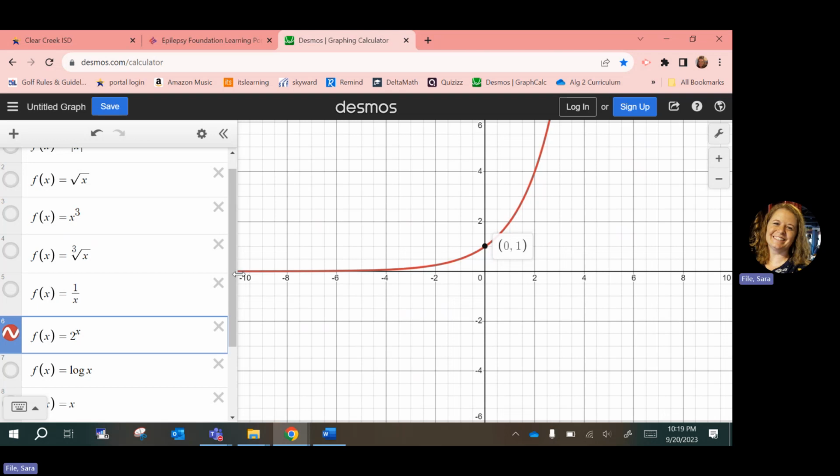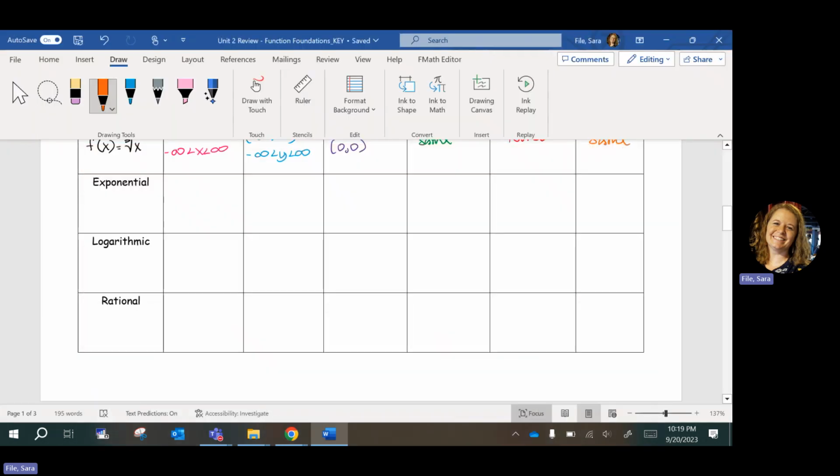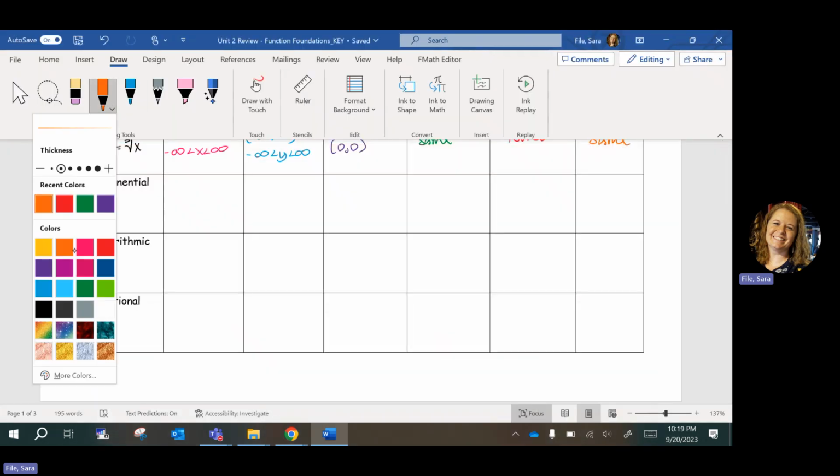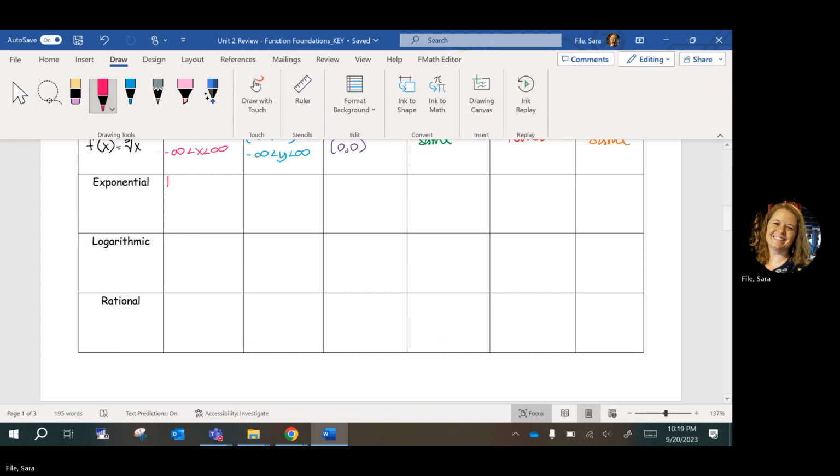Okay, this graph goes left forever. It goes up and to the right forever. So left to right, our domain is all real numbers, but our range never gets below that asymptote. So our range is actually limited. Domain, all reals.